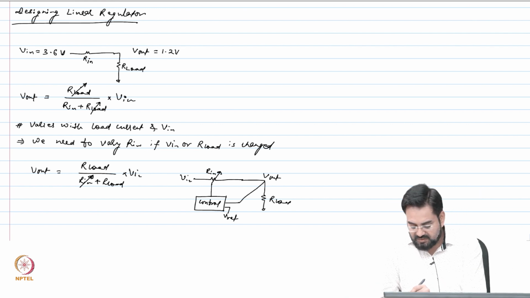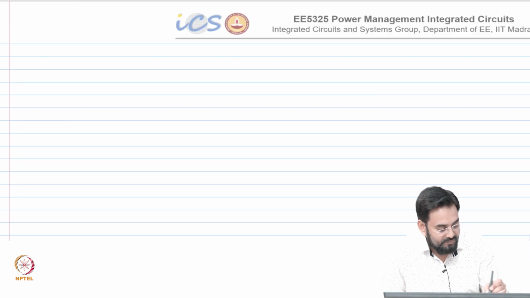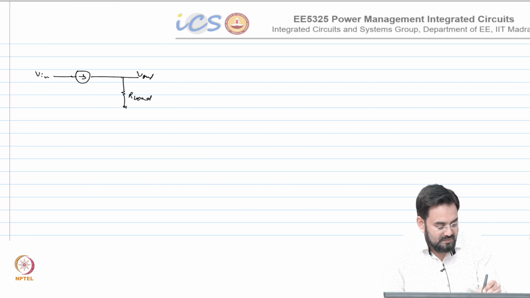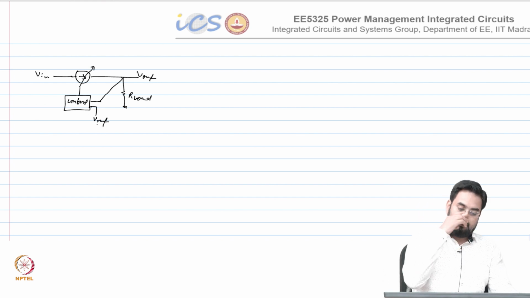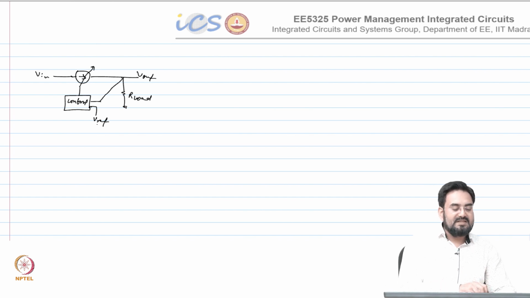So, can I do the same thing with this also? Instead of a resistor, if I have a current source, this is your feedback control, which compares with the Vref, and you will achieve the same result.